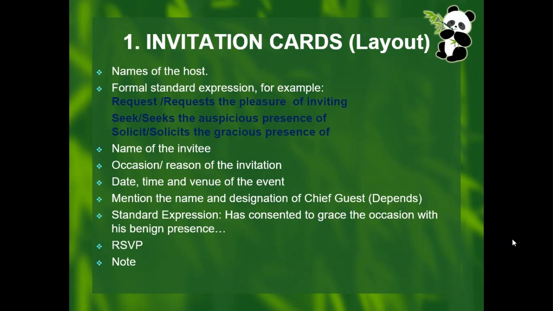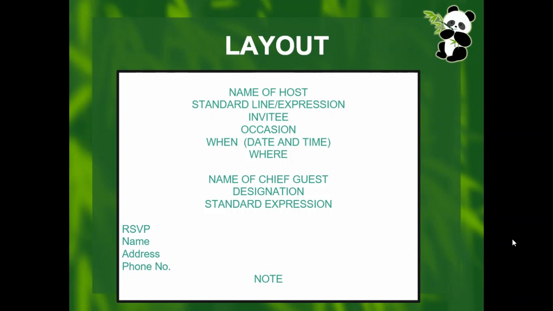You have queries, so RSVP is the person's name, okay, whom you can connect with. Next, at the end, you have a note. It's centralized at the end. And remember, invitation cards must have the note at the end. Now, this is how it looks like.